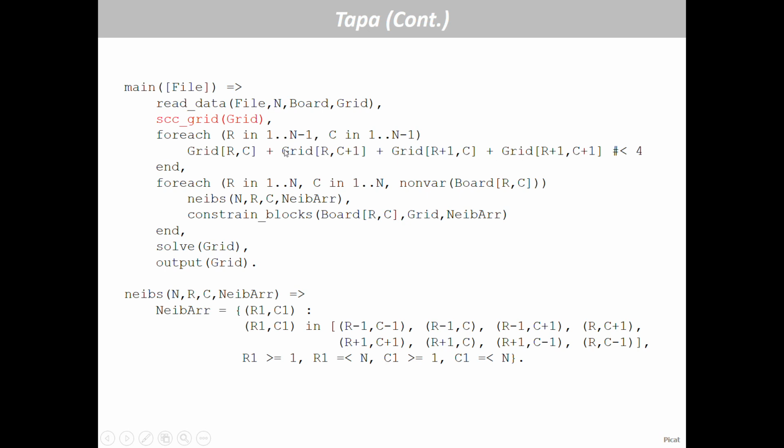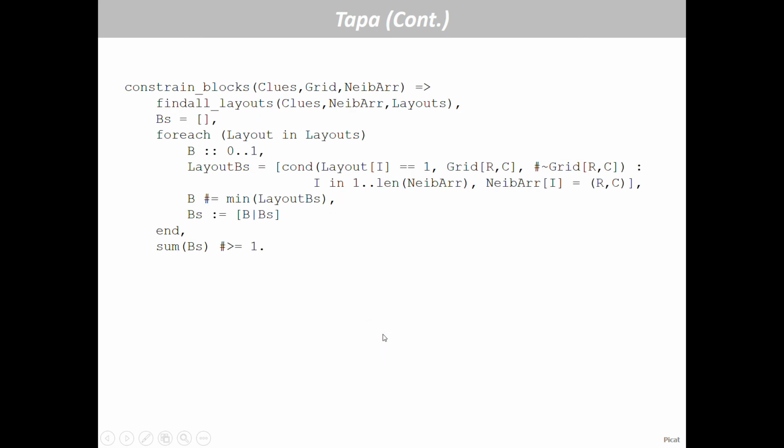This loop installs these constraints. And also the layout: it says constraint blocks, so make sure all the clue numbers are respected. To get the neighbors, each cell can have up to 8 neighbors, including the diagonally connected neighbors.